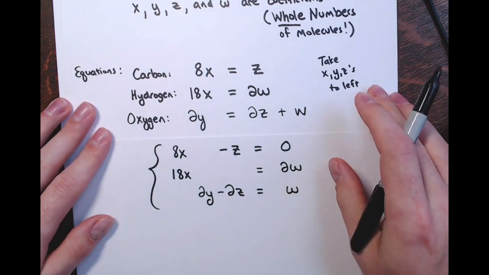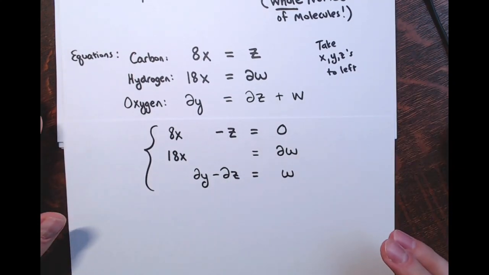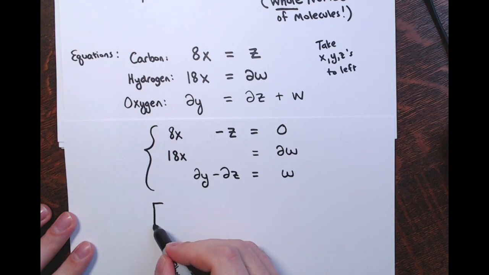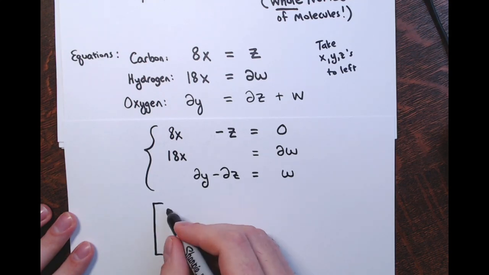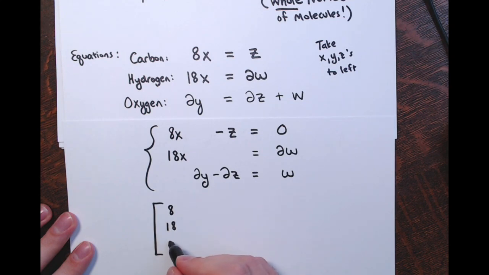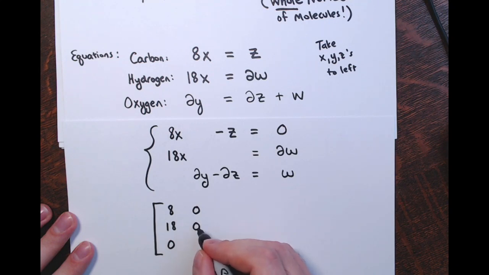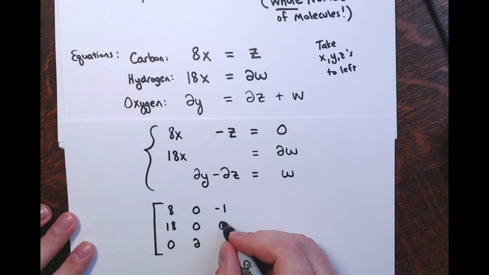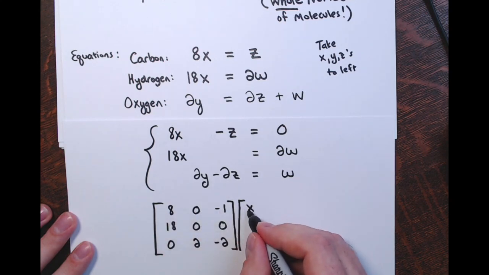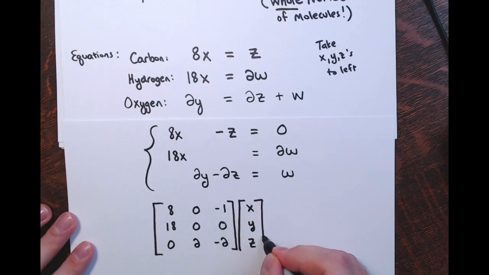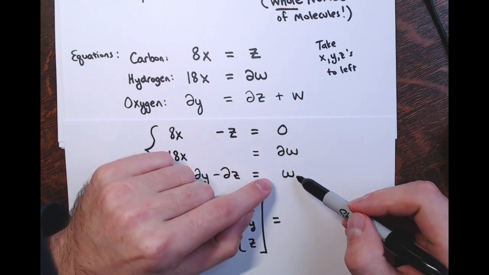All right. Now, as a matrix equation, over here I have the coefficients of x, 8, 18, 0, coefficients of y, 0, 0, 2, and coefficients of z, -1, 0, -2, multiplied by the x, y, z column matrix, equals, and then over here, all these have w in common.